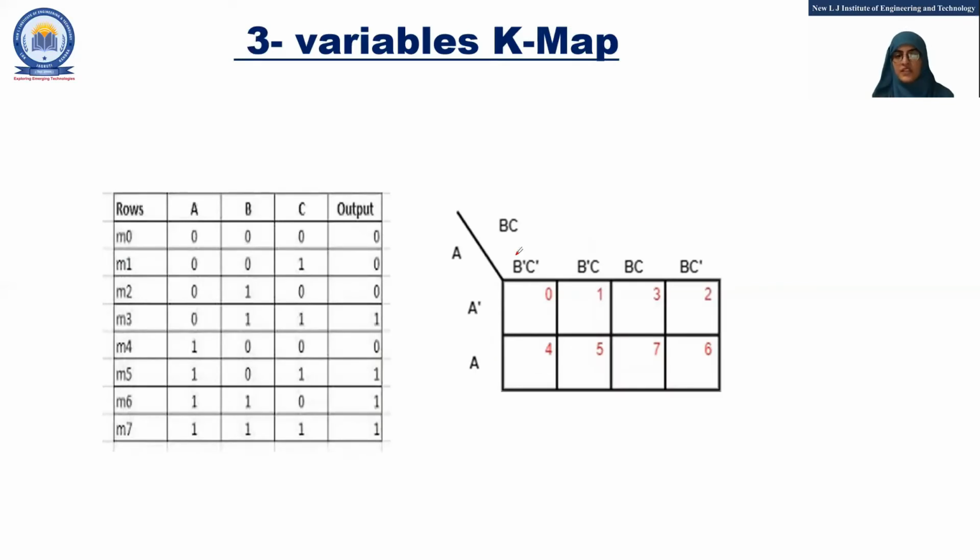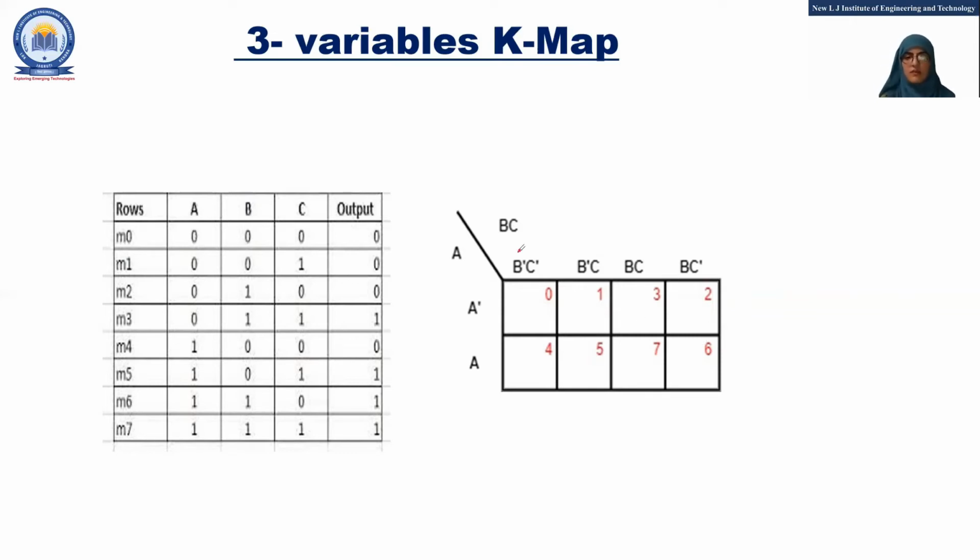Next is the 3 variable K-map. Minterm 0 will be placed here, 1 will be placed here, 2 here, 3 here, 4 here, 5 here, 6 here and 7 here.